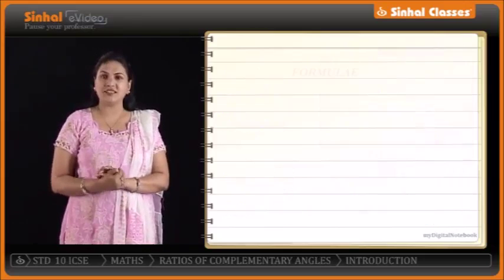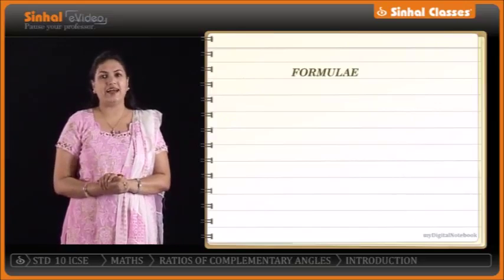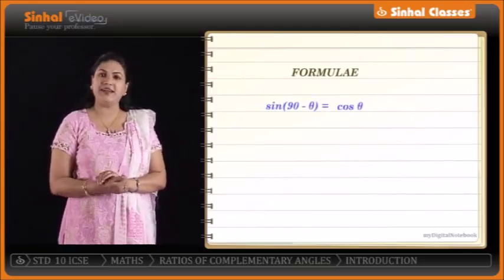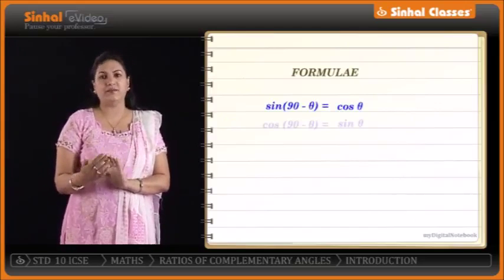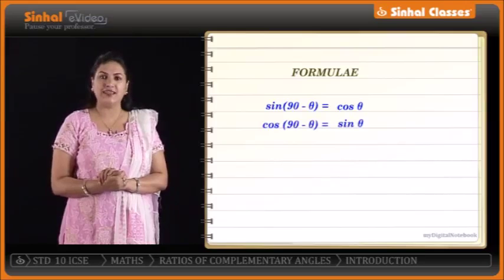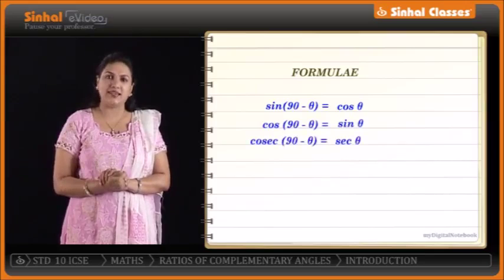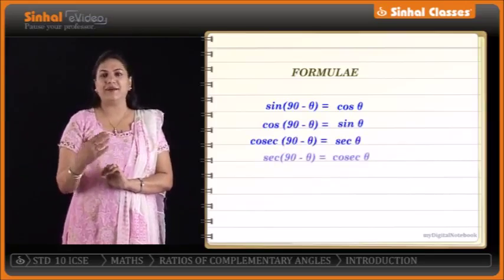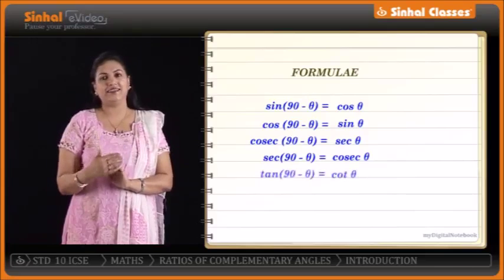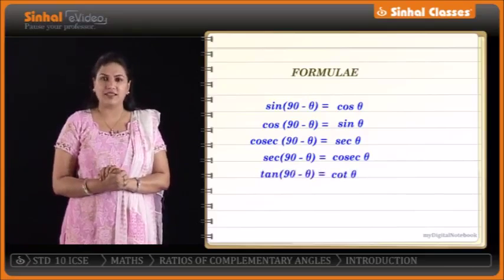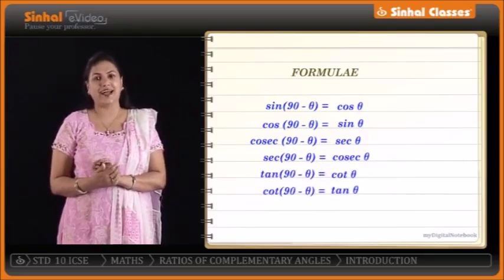So we have the 6 formulae for the ratios of complementary angle as sin 90 minus theta equals cos theta, cos 90 minus theta is sin theta, cosec 90 minus theta is sec theta, sec 90 minus theta is cosec theta, tan 90 minus theta is cot theta, and cot 90 minus theta is tan theta.